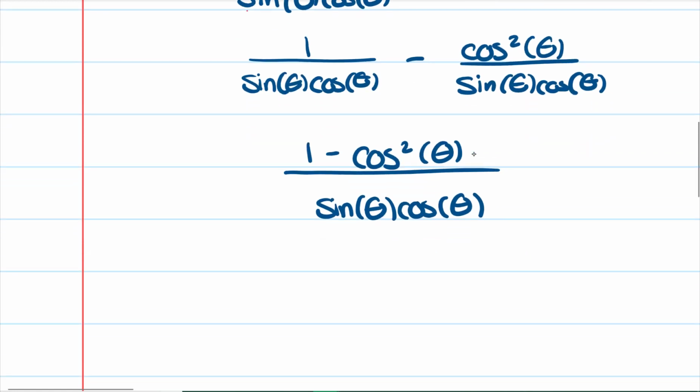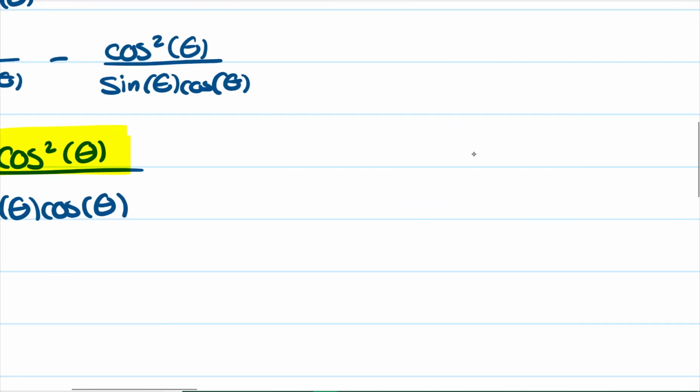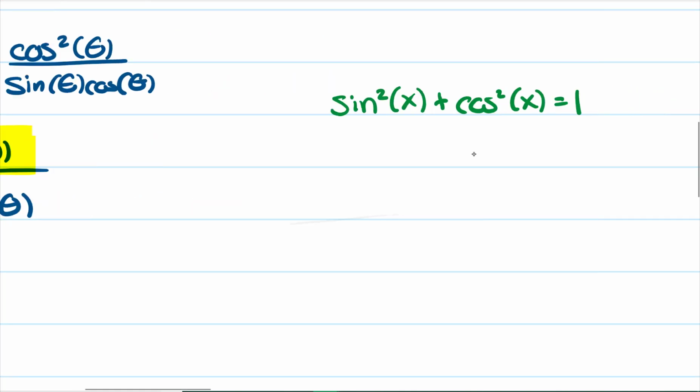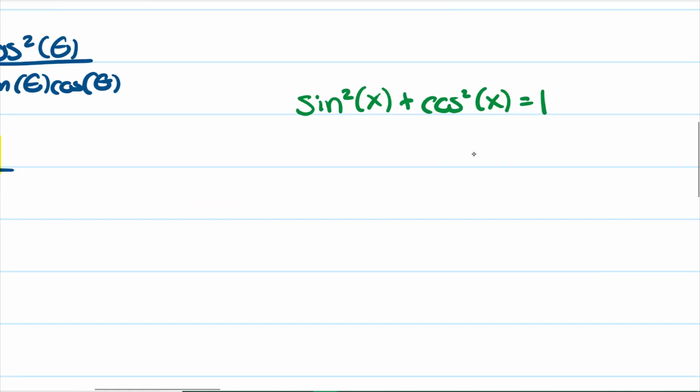Now at this point, your brain should be jumping out and going like ding, ding, ding, because right here we have a trig identity. So if you don't see it, I'm going to show you how to get it. It kind of looks like, it's not exactly, but it kind of looks like sine squared plus cosine squared is equal to 1. Now notice that I don't have the sine squared and I have 1 minus cosine squared. So I need to make a 1 minus cosine squared.